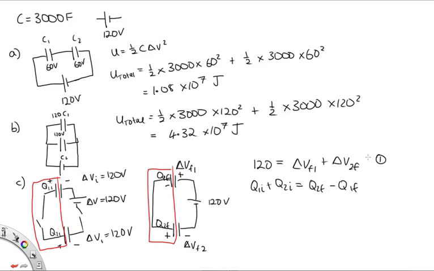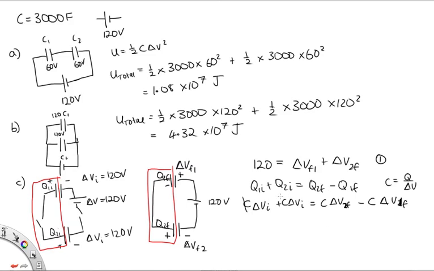Now what we want to do is solve these two equations simultaneously. So rather than write these in terms of charges, we'll write them in terms of capacitances and voltages. We know that C is equal to Q on delta V, so Q is equal to C delta V. So this is C delta V initial, because that's the initial voltage across this capacitor, plus C delta V initial is equal to C delta V2 final, that's the second capacitor, minus C delta V1 final, that's the first capacitor.